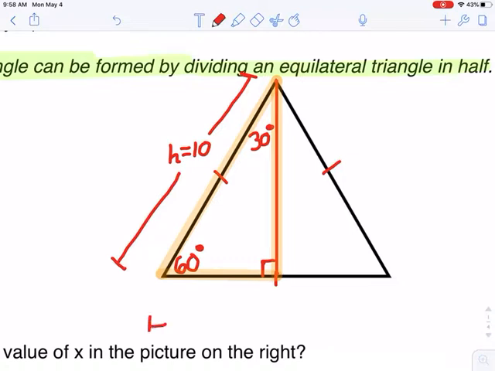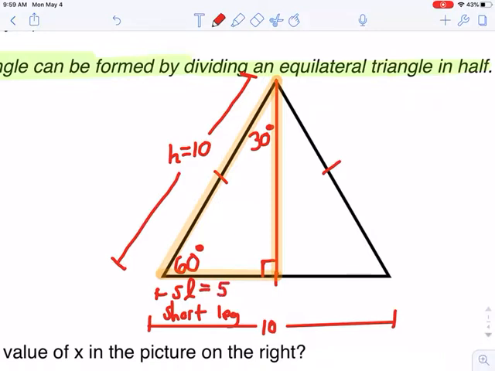But realize in this right triangle, that's a hypotenuse, but all these side lengths are 10. I cut it in half, so this short leg, SL means short leg, is going to be 5. Because I cut it in half.